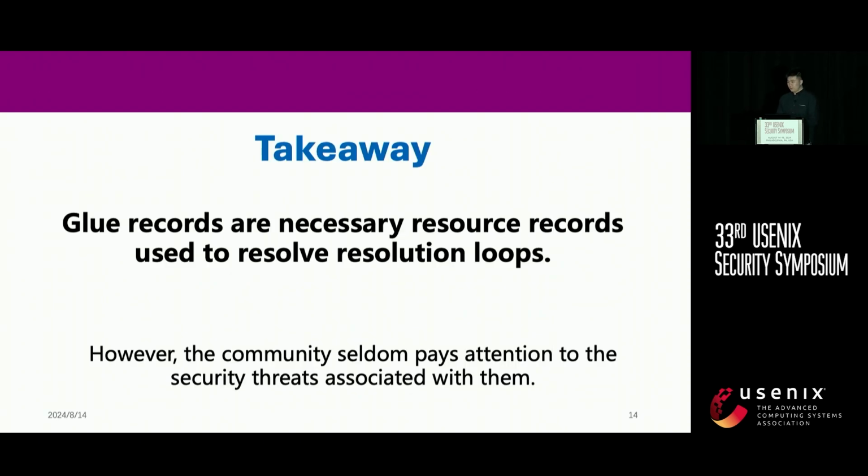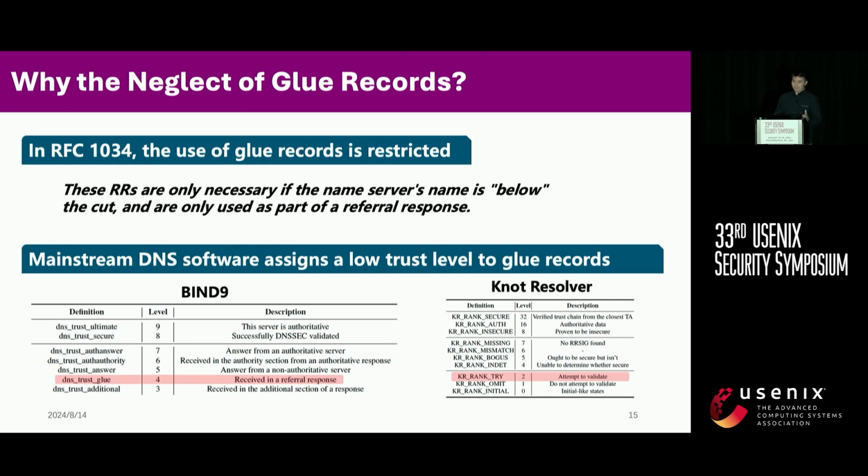So now we know that glue records are important, particularly for in-domain delegation. And they're not new either, almost as old as the DNS itself. But we seem to have overlooked problems associated with them ever since. Why? Because standards have said that glue records are only expected to be used in referral responses to guide resolvers.